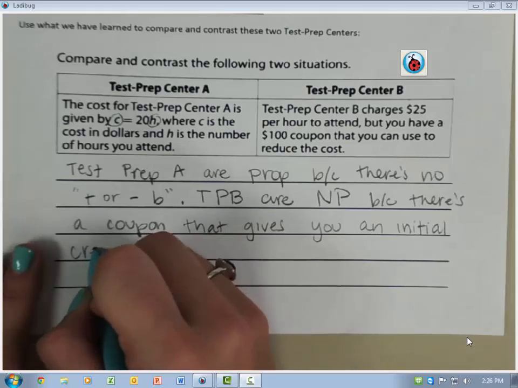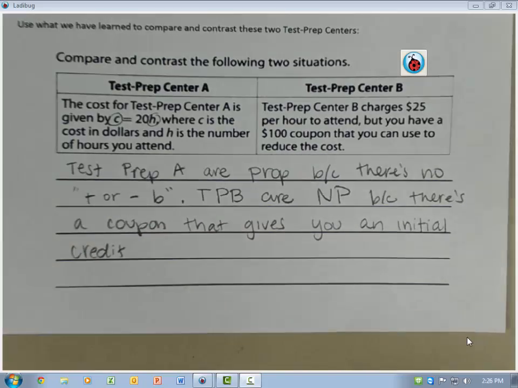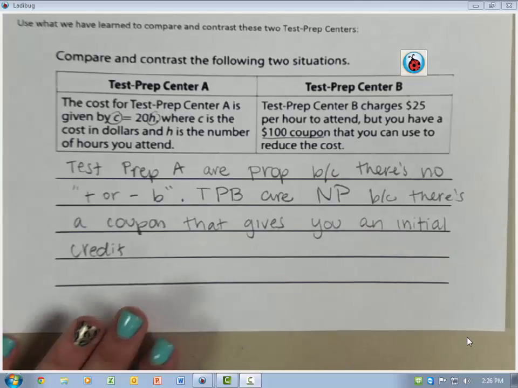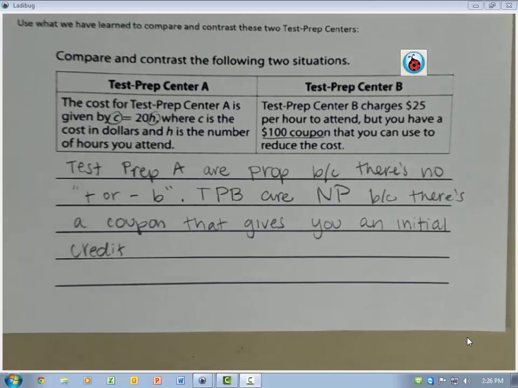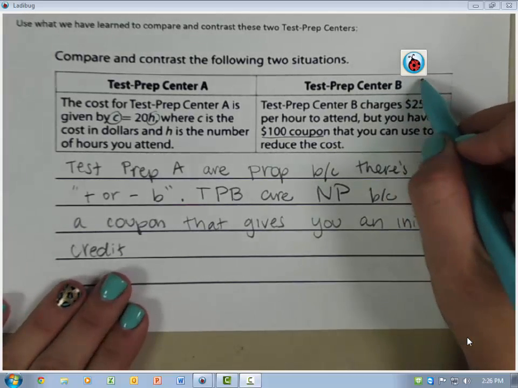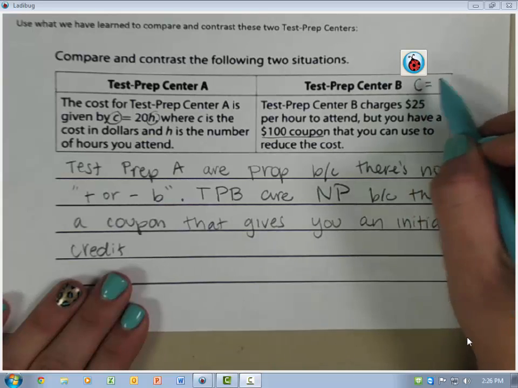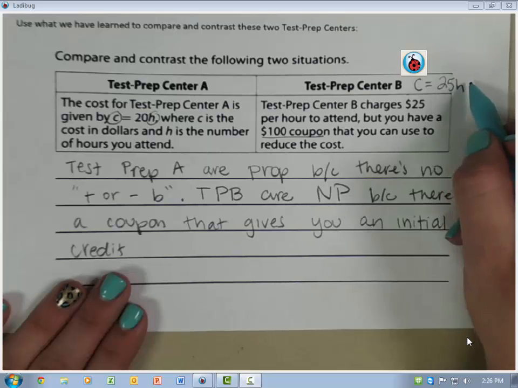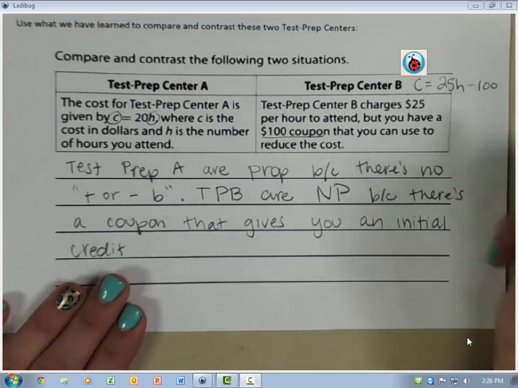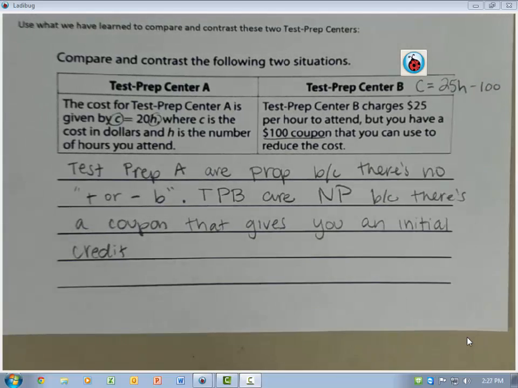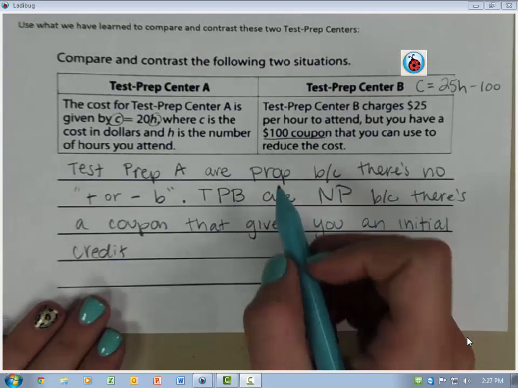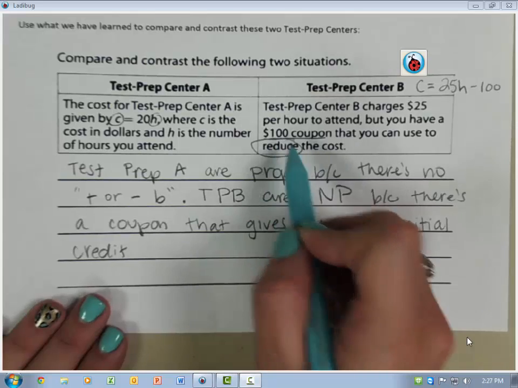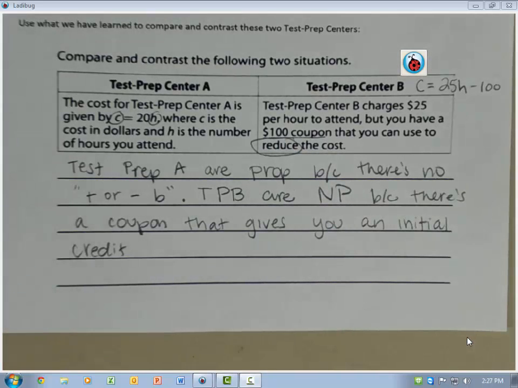Now what I mean by that is the initial credit is you automatically get to start off with a free $100. So we know that Test Prep Center B is going to look like cost equals $25 per hour, because we're multiplying by the hours, but we get to take $100 off. So minus 100 because you have that $100 coupon, and coupon means to take away, or you get money off, or reduce means to take away.